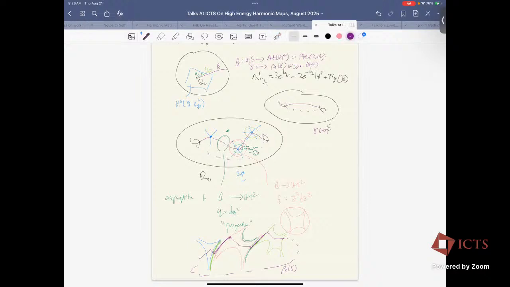And so they will be something like s to the half times some sort of characteristic number. And what is that number?